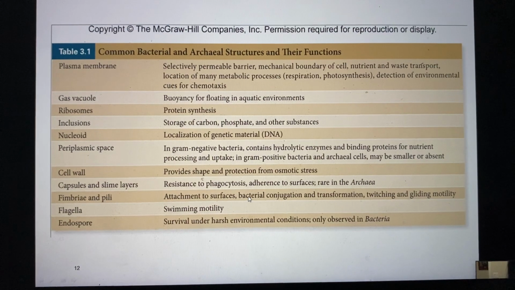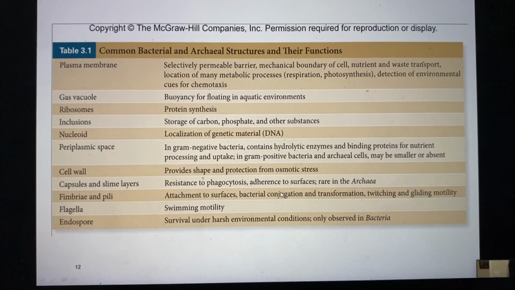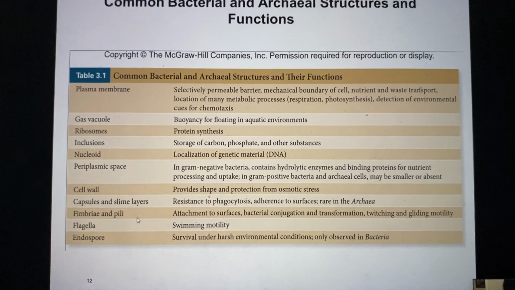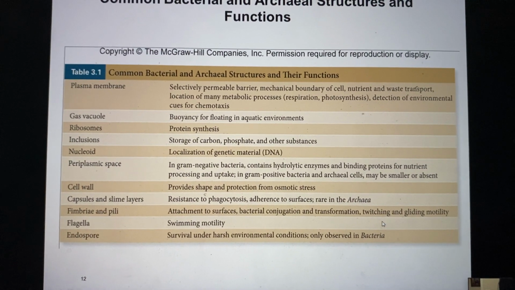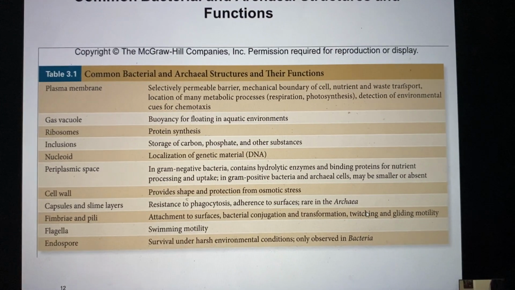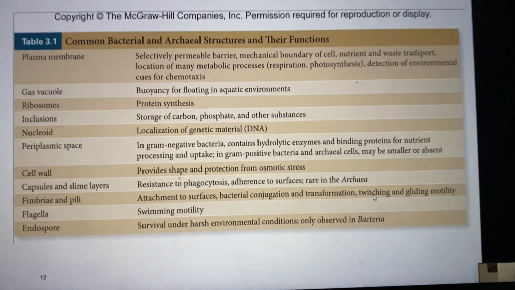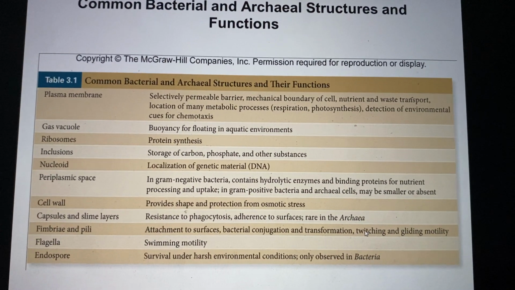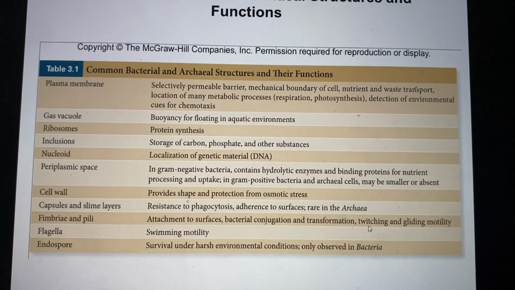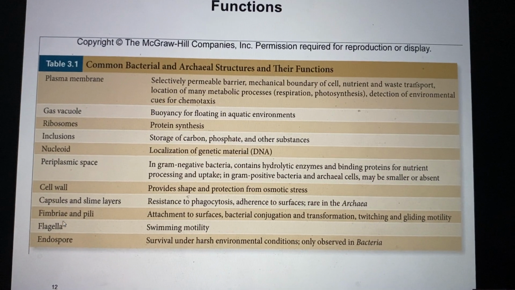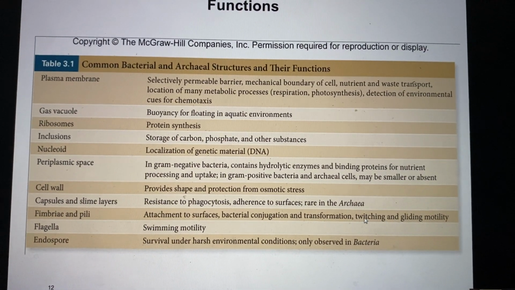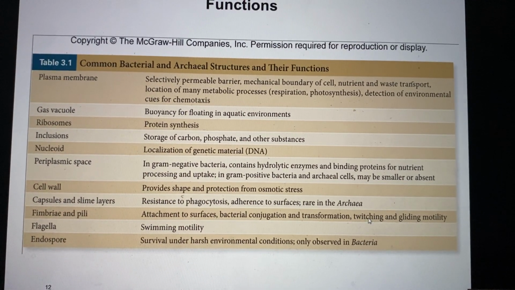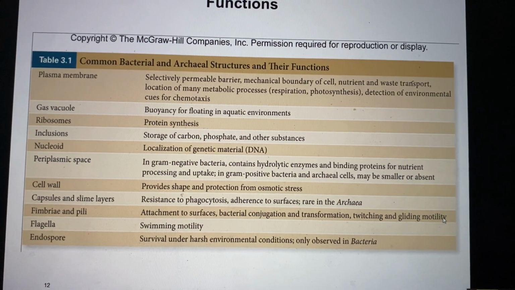And pilus is the term that we definitely use only for appendages that allow conjugation and even transformation, whilst fimbriae, and also some pili, will allow a special kind of motility that we will study, twitching and gliding motility. So rather than the swimming motility that comes with the flagella, pili and fimbriae are the ones that will be allowing the bacteria to have twitching or gliding motility.